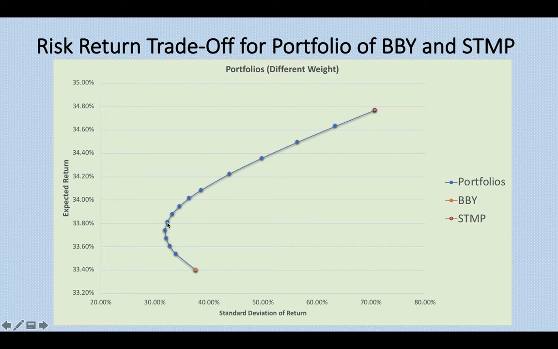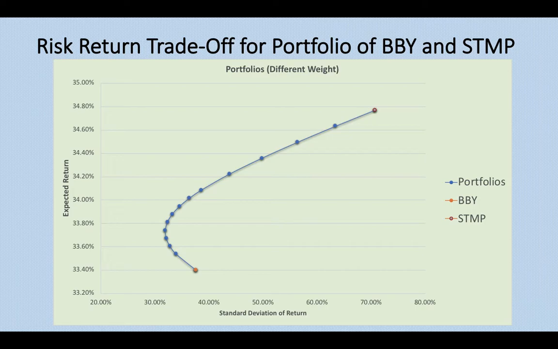Then from here, the risk will increase a little bit, but the return will go up. From here to here, you purely reduce the risk and increase the return, just by holding a little bit more Stamp.